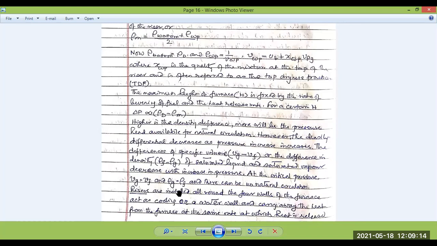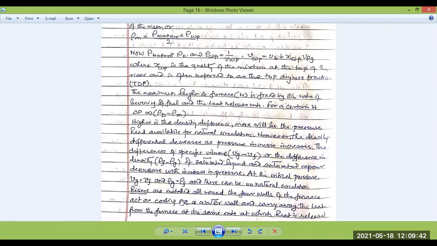At the critical pressure, where Vg is equal to Vf and rho g is rho f, there is only one phase, nothing else exists. So there is no density difference, and there can be no choice to circulate.